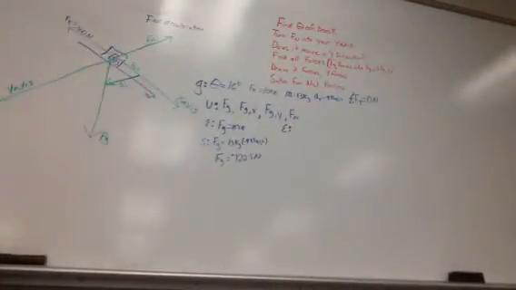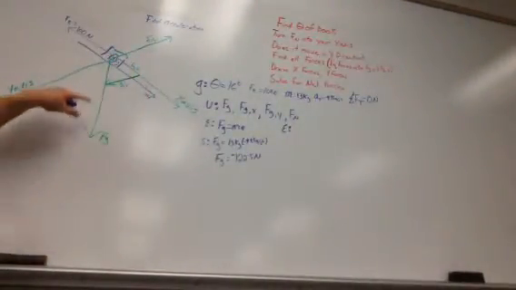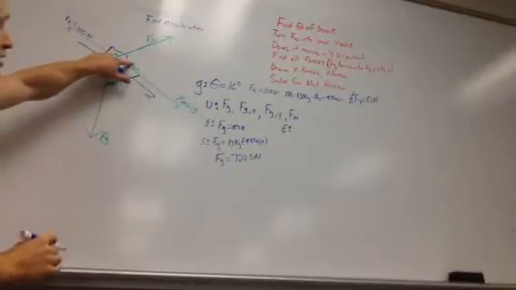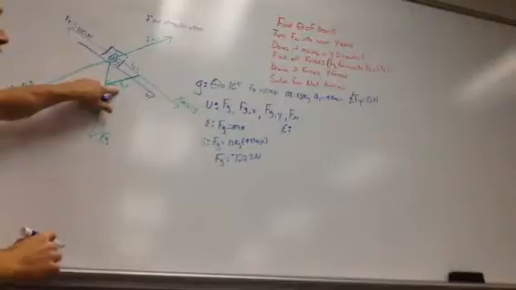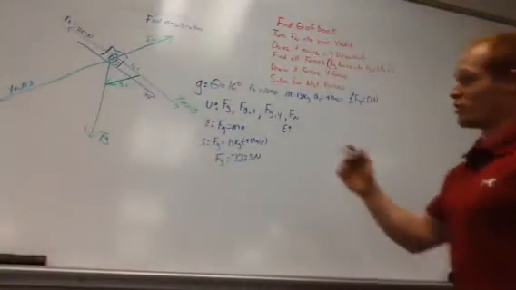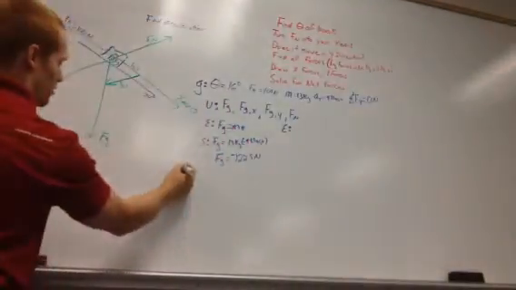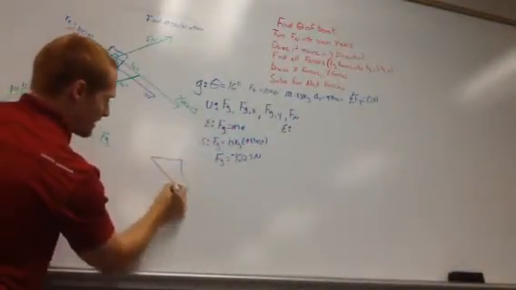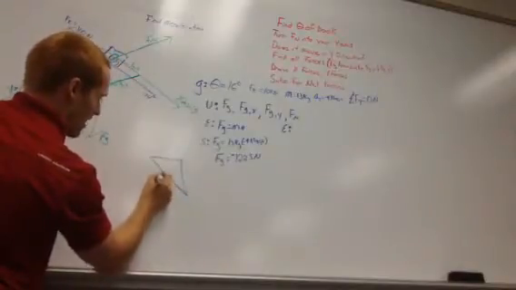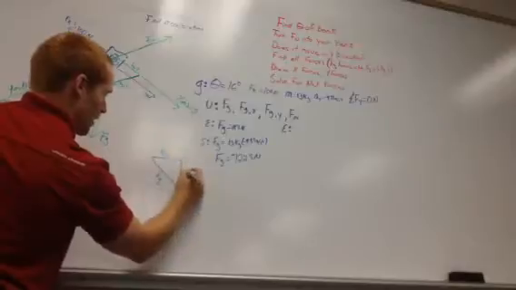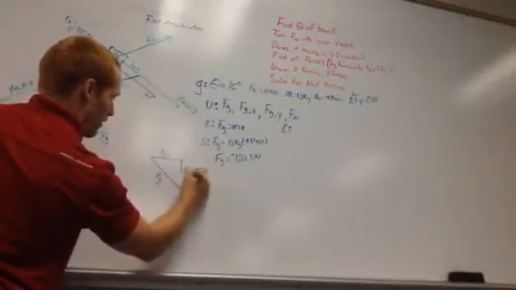That was 16 degrees. So in order to find the components of this triangle, we can use cosine to find x, sine to find y, and we're going to use Fg as our hypotenuse. So essentially, if you want to break this triangle down so it maybe looks a little bit neater, it would kind of look like this, where this is Fg, this is Fg of x, and this is Fg of y.